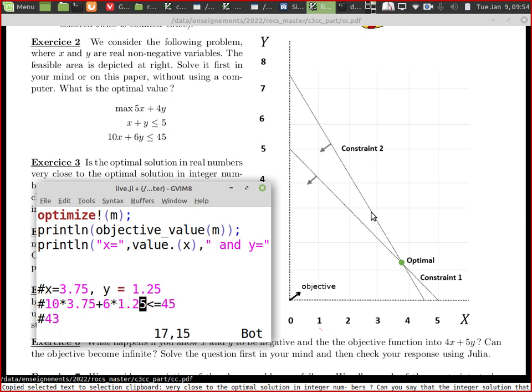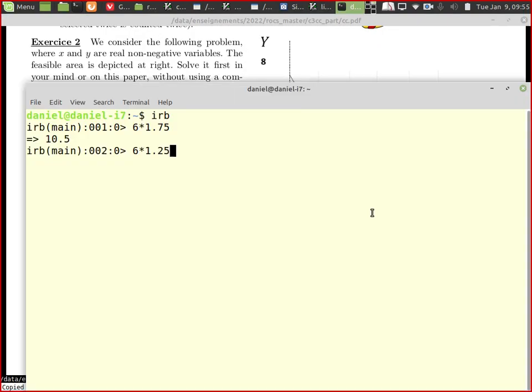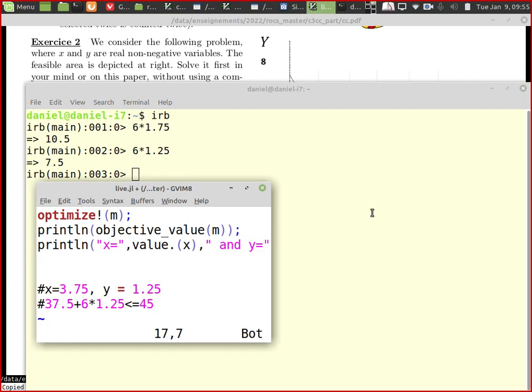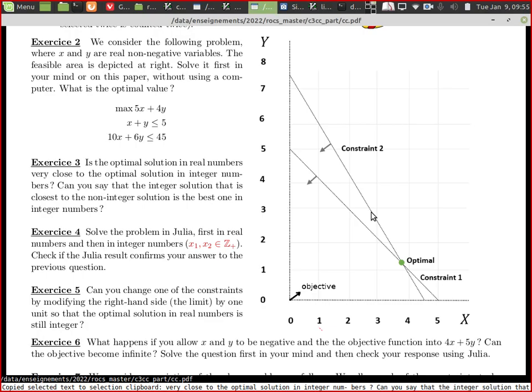That's 37.5 plus this 7.5. And now I have equality. Okay.